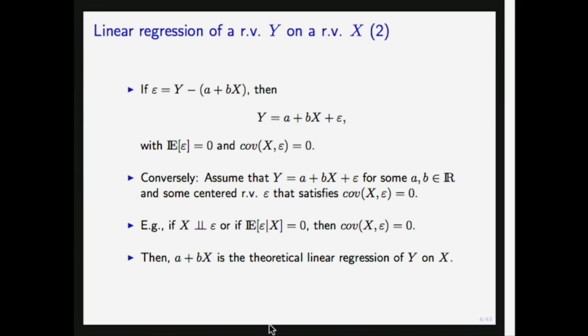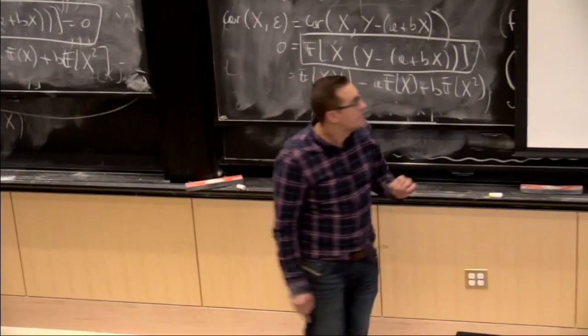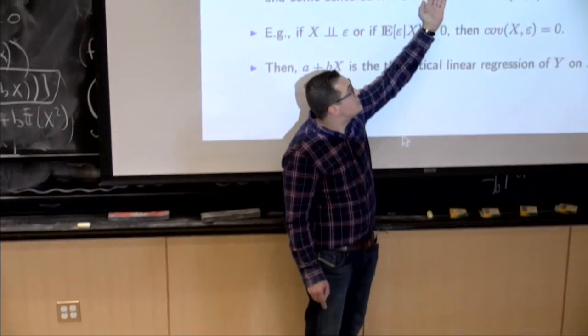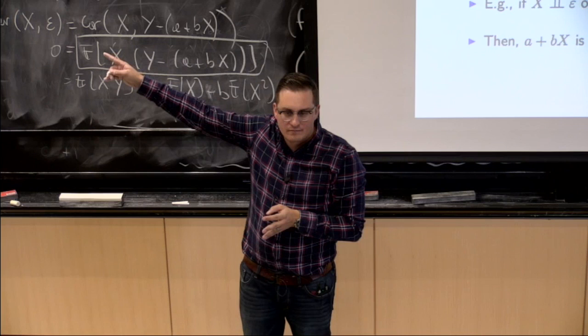Now, if we make this assumption, we started from y equal to a plus bx plus some epsilon, for some a and some b. It turns out that those a's and b's are the ones that you would get by solving this expectation of the square thing.